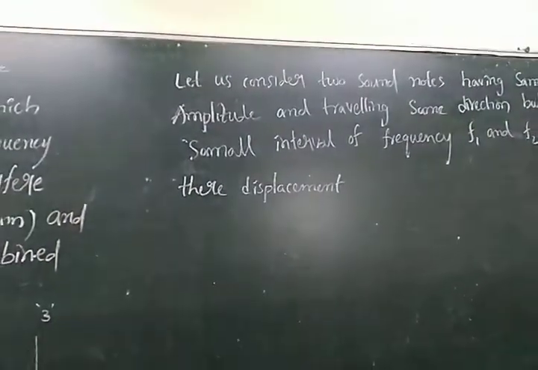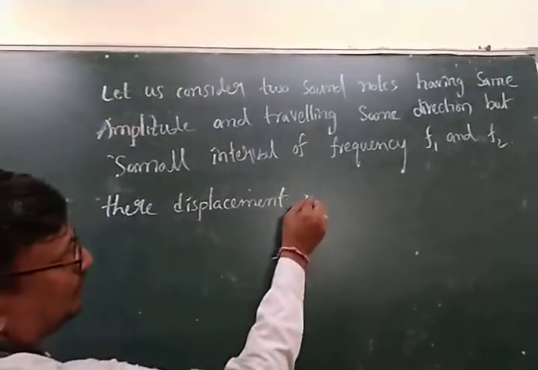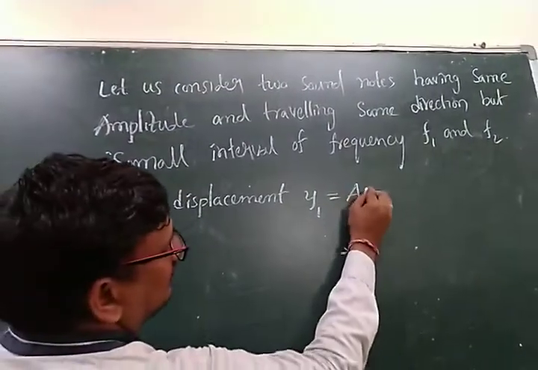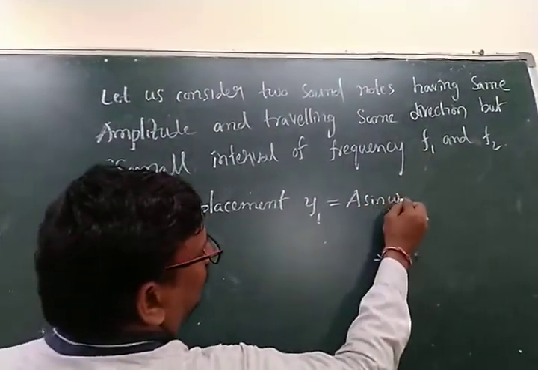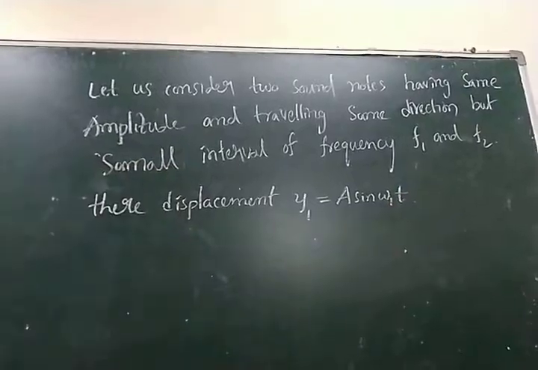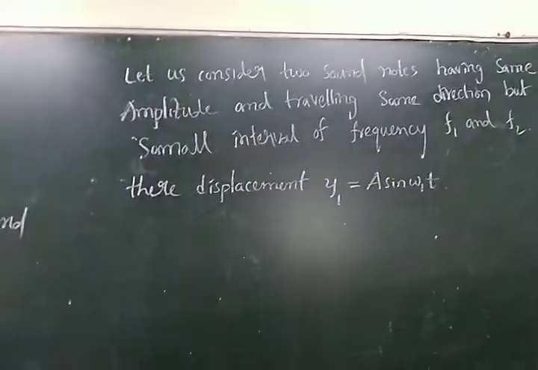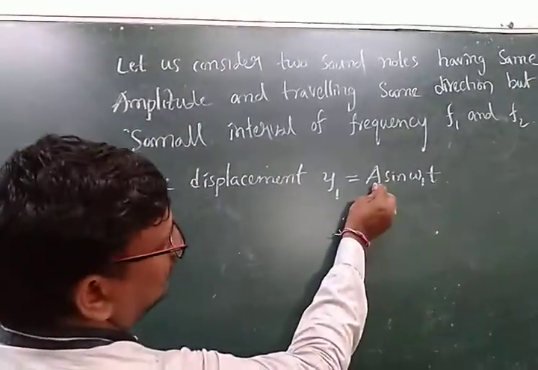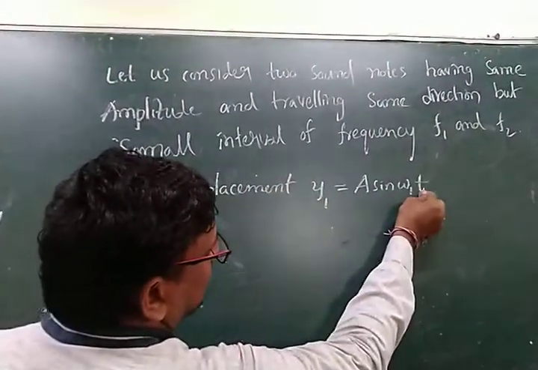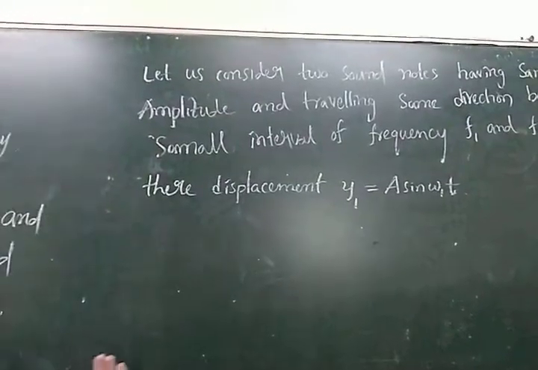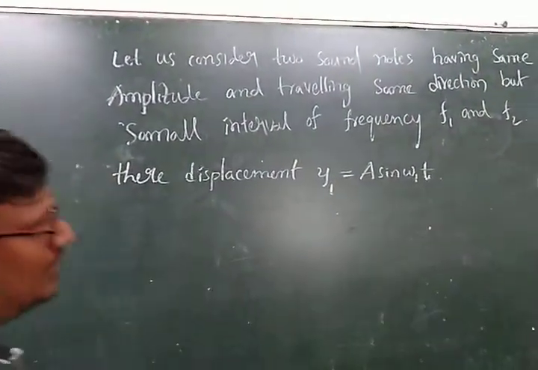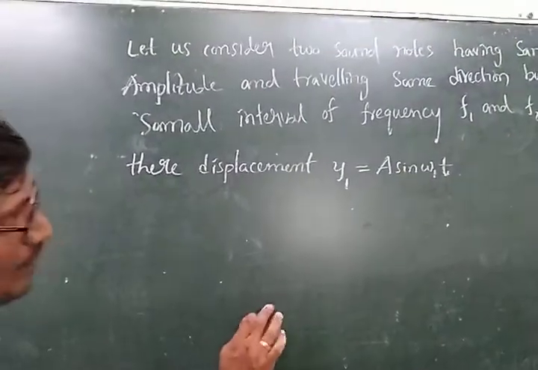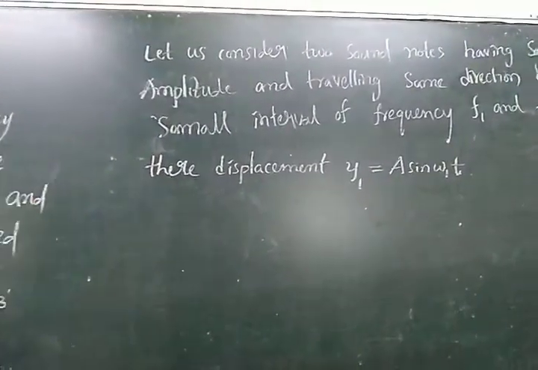Their displacement: the first sound note's displacement is y1 equal to a sine omega1 t. Omega is the angular frequency or angular velocity, a is the amplitude and t is the time. The two sound notes travel for the same time interval with the same amplitude, but the frequency is different.